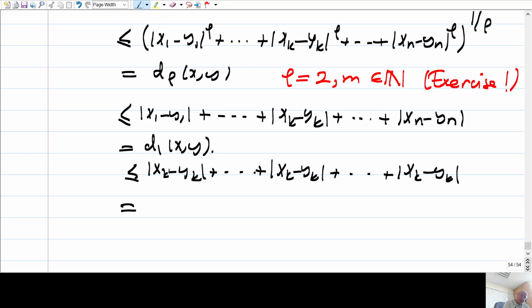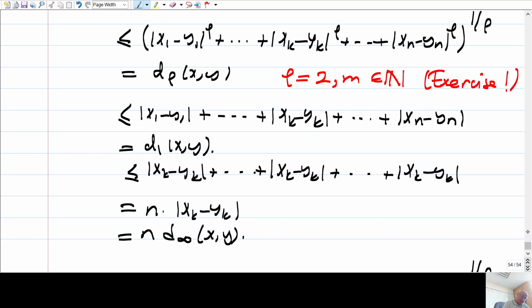But what is this? How many terms do I have? I have n times xk yk, and what is this? This is just d infinity xy. So what we obtain is this.